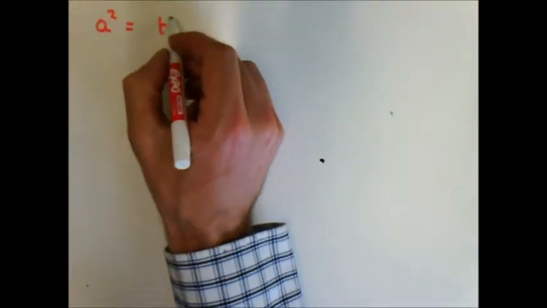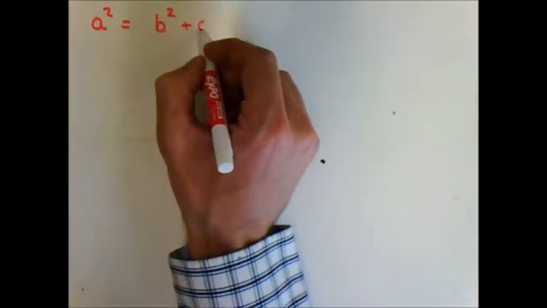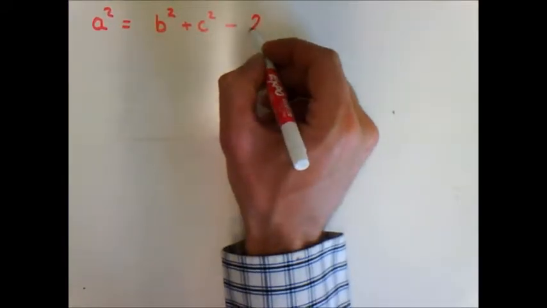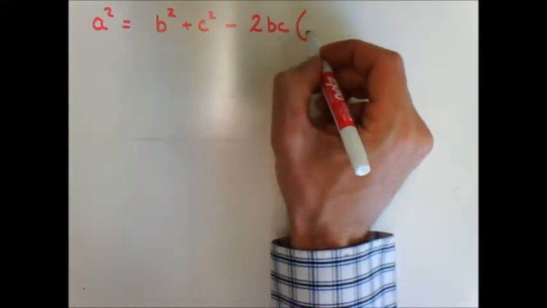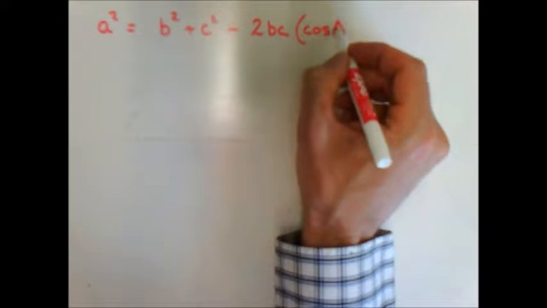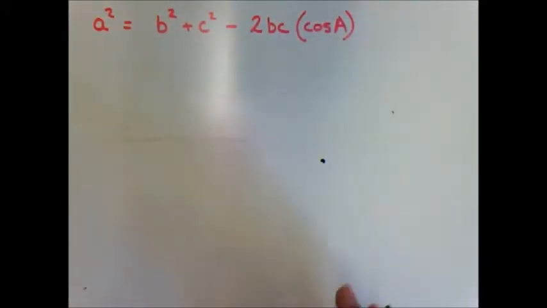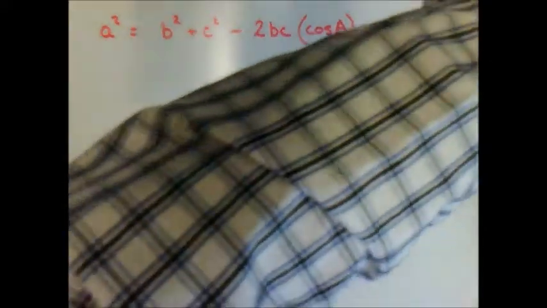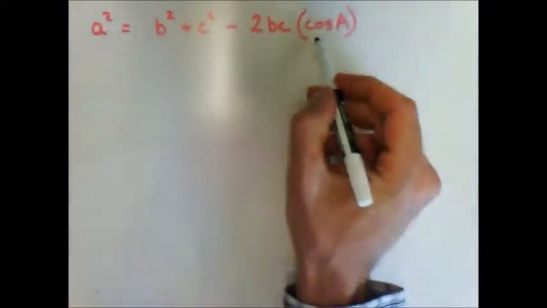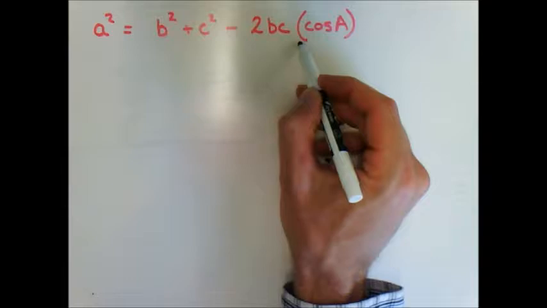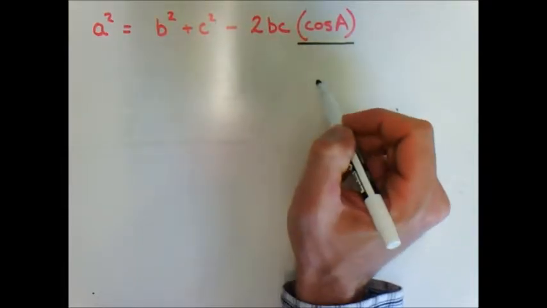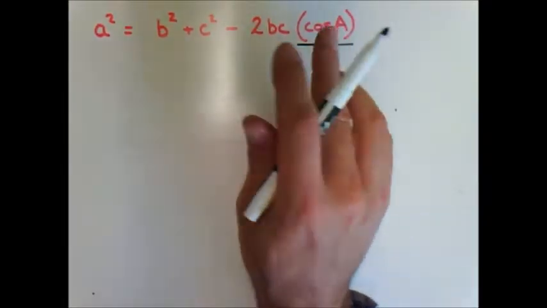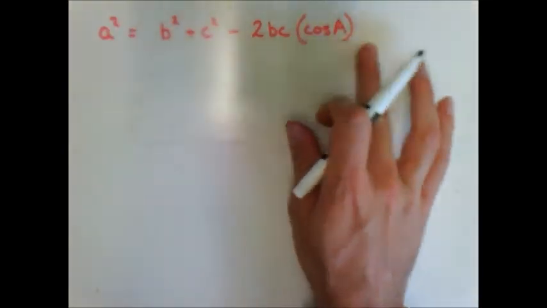You've got a squared equals b squared plus c squared minus 2bc times the cosine of a. So our goal here is to rearrange so that we are solving for a. So we're going to actually get this whole bracket, the cosine of a, to be by itself and all this other stuff to get moved to the other side.